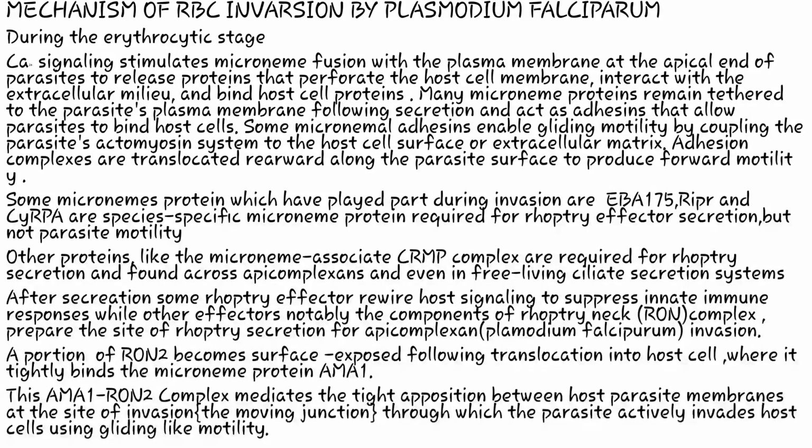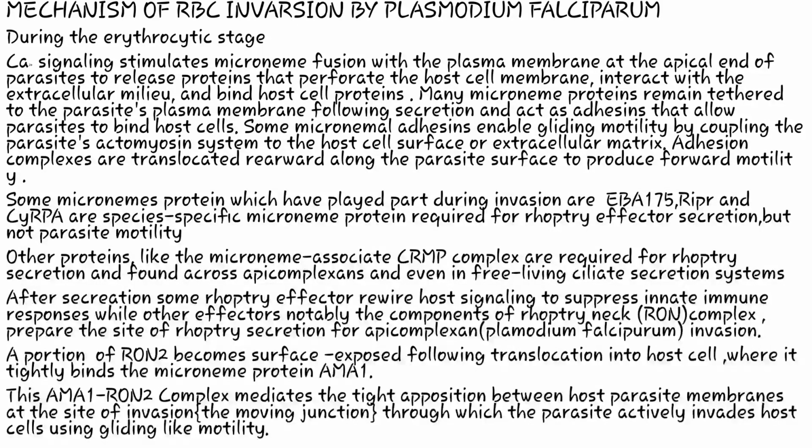Once the fusion occurs, it releases those proteins which we have already mentioned, such as apical membrane antigen, which interact with extracellular glycans and bind to the host cell protein. Many microneme proteins remain tethered to the parasite plasma membrane following secretion and act as adhesins that allow the parasite to bind to the host cells.